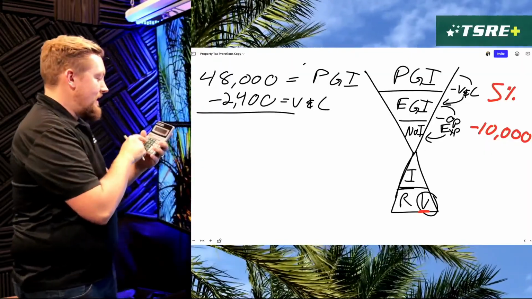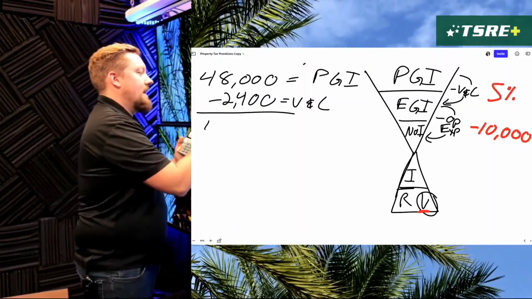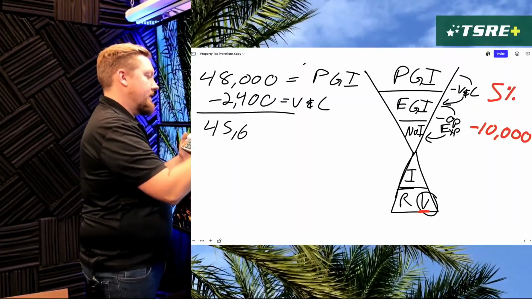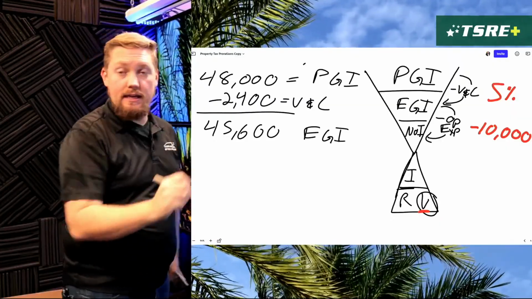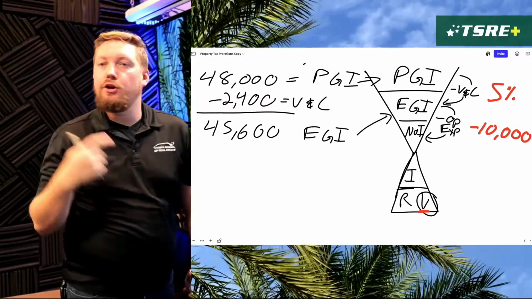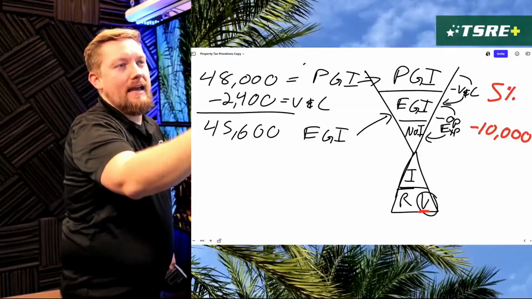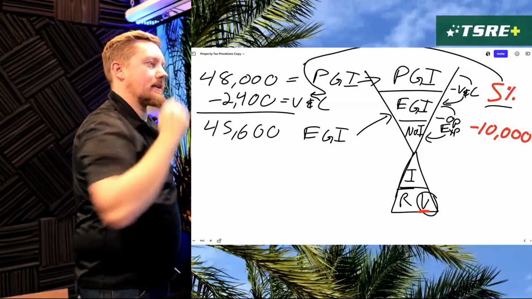So we take that 48,000, subtract the 2,400, and that's going to give us 45,600. And that's now our effective gross income, what the property is actually bringing in compared to what it could bring in when we subtract out these 5% vacancy and collection losses right here.